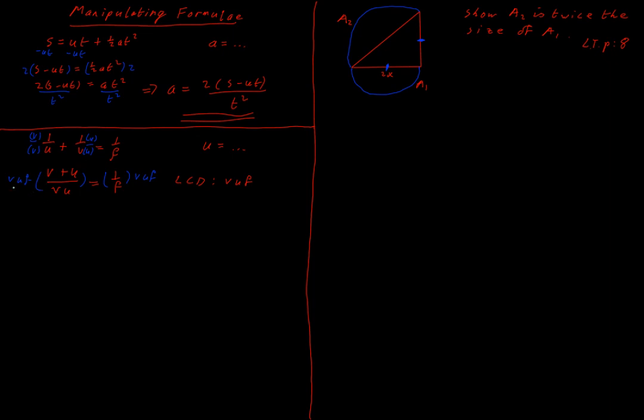So when I do that, v and u divide out to 1 on the left-hand side, and f divides out to 1 on the right-hand side, and I am left with f multiplied by v plus u is equal to vu.